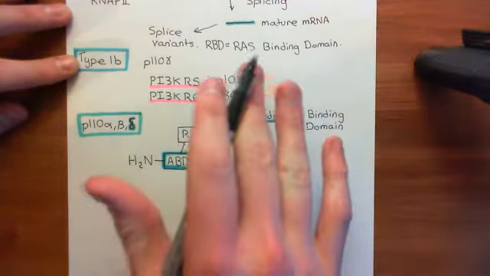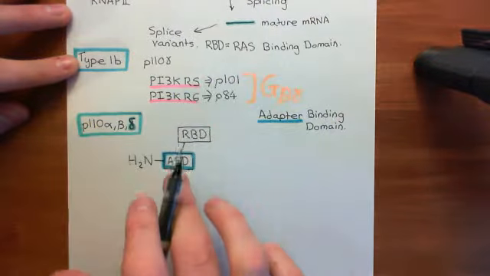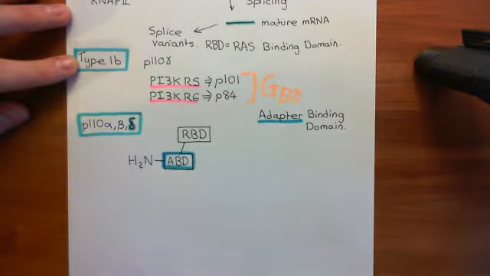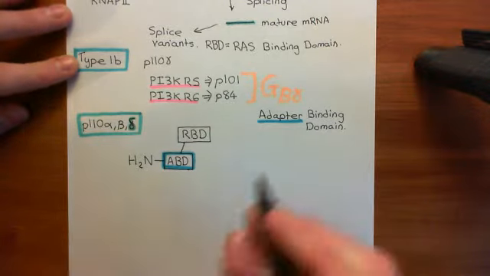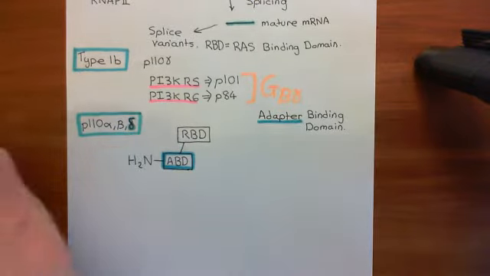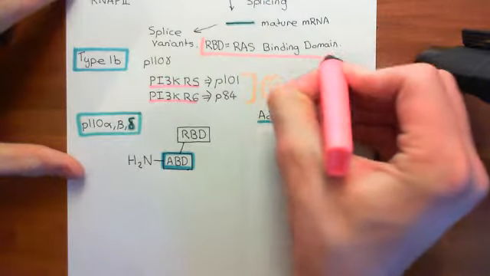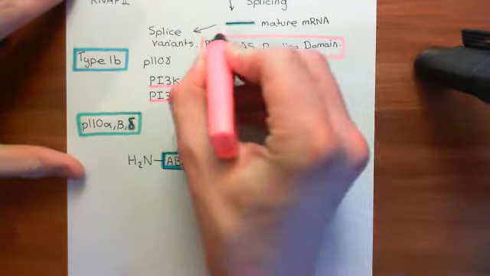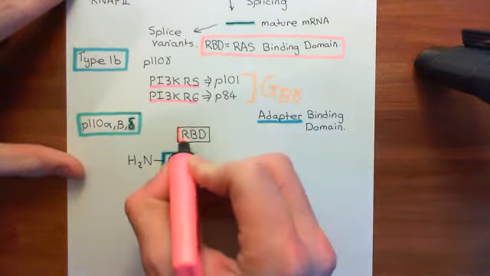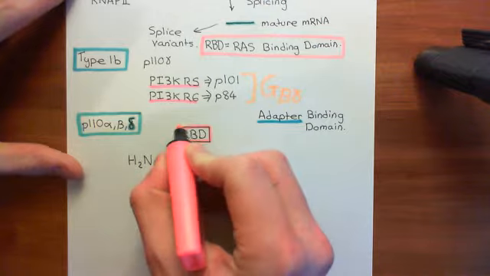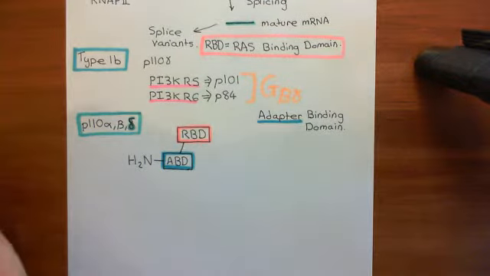In some cancers, it's actually more important that RAS is activating PI3 kinase enzymes than RAF kinase enzymes. We're not going to discuss RAS activation of the type 1a PI3 kinase enzymes, but I will note that that domain is here. That's the RAS binding domain.